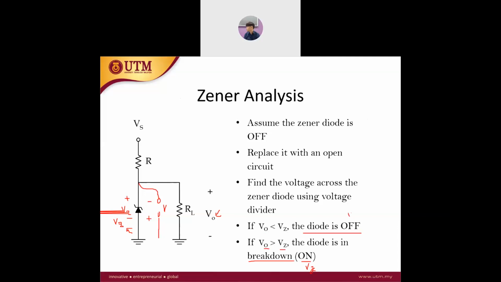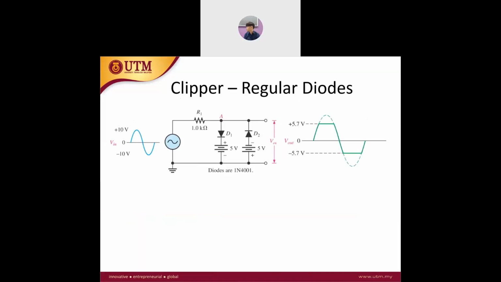This is referring to the Zener diodes. Because if Vout is less than VZ, what will happen? Is it forward bias or reverse bias? Try to answer this question.